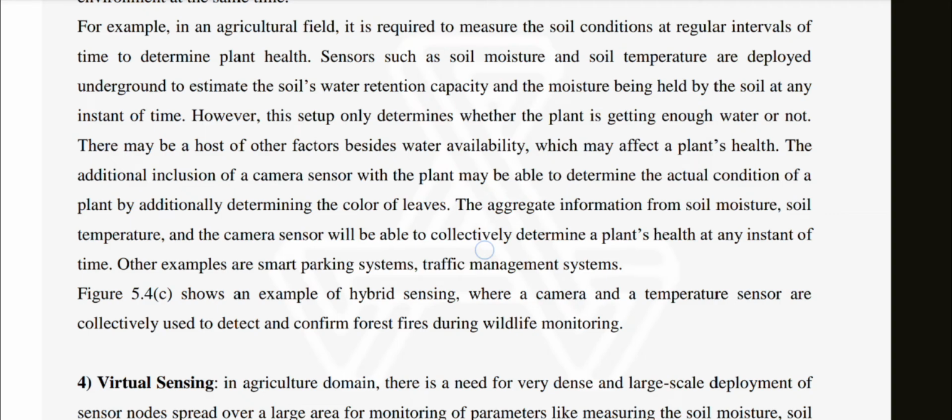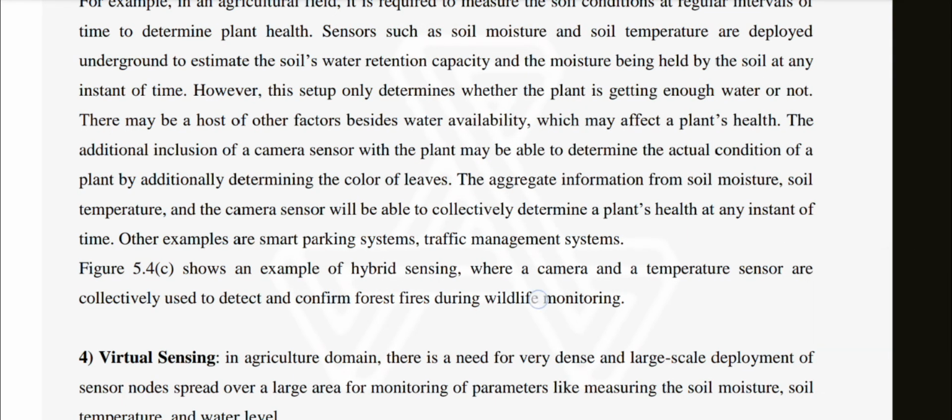The additional inclusion of a camera sensor with the plant may be able to determine the actual condition of the plant by additionally determining the color of leaves. The aggregate information from soil moisture, soil temperature, and the camera sensor will be able to collectively determine a plant's health at any instant of time.